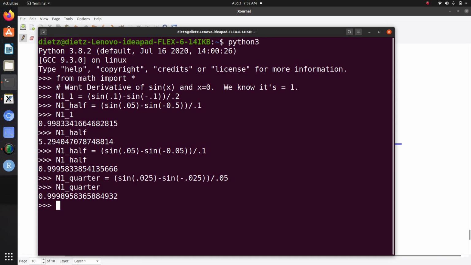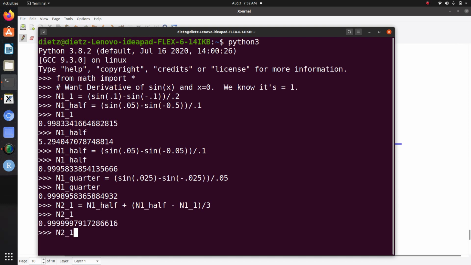Now n2 of 1 is going to be n1 half plus n1 half minus n1 of 1, and that's going to be divided by 3, right?